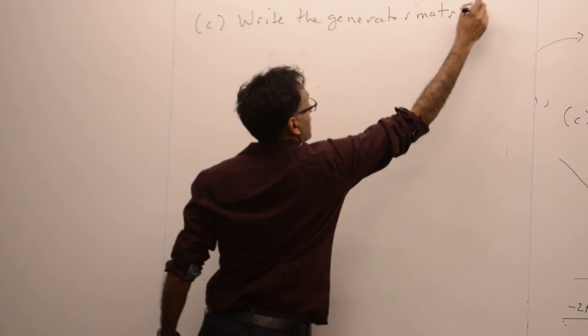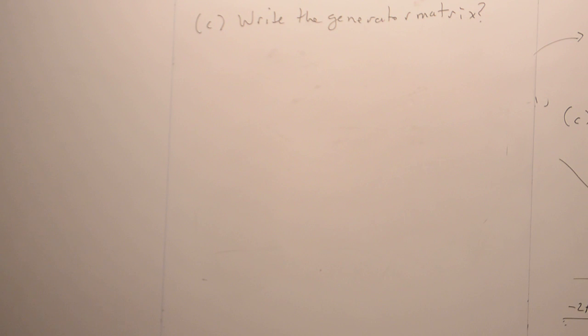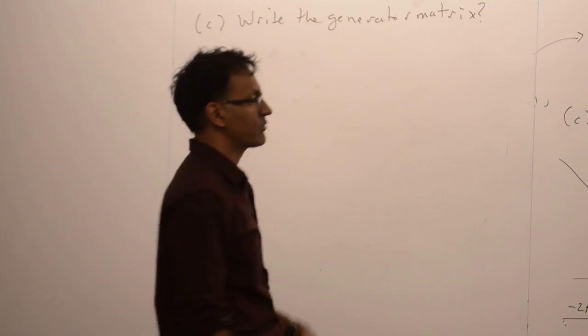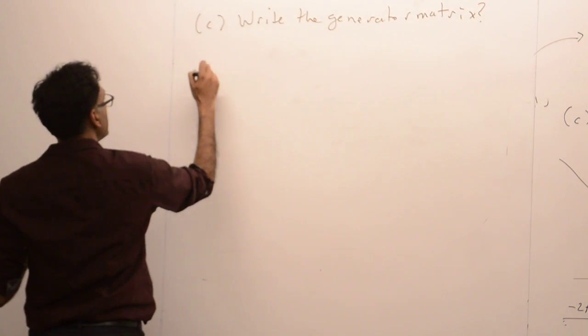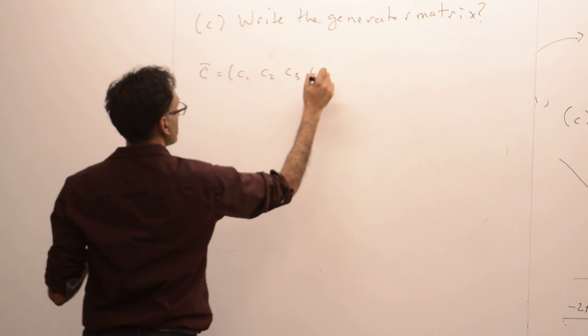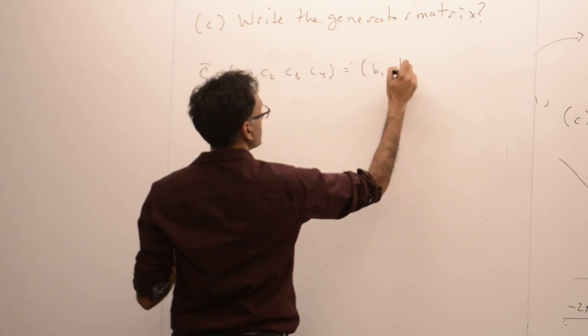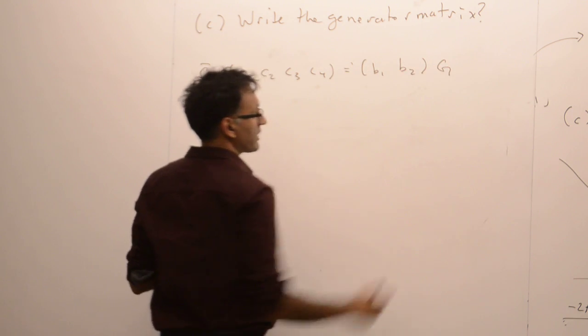Okay, write the generator matrix for this code. The generator matrix is really simple. You just want to write C, which is C1, C2, C3, C4, as B1, B2 times the generator matrix.